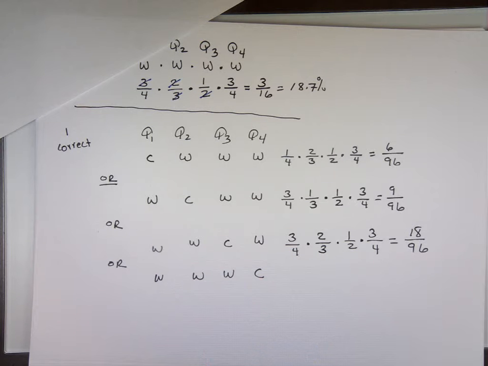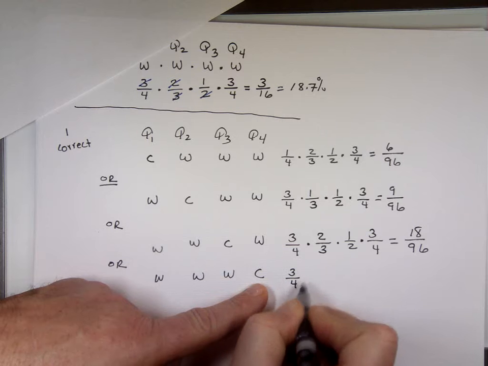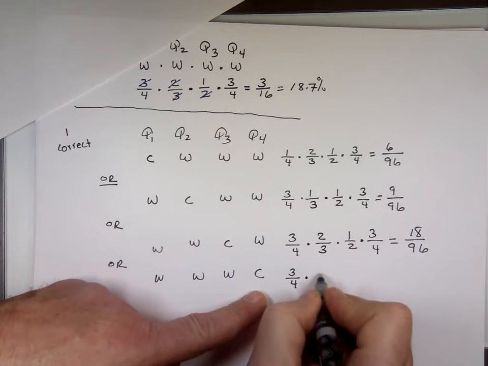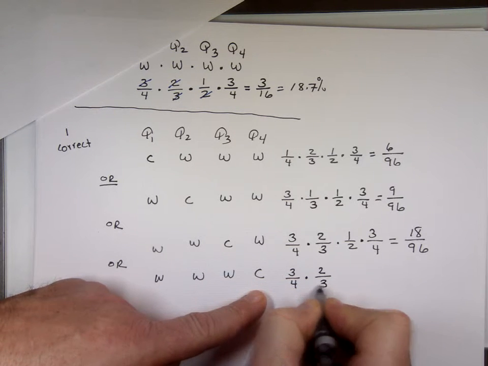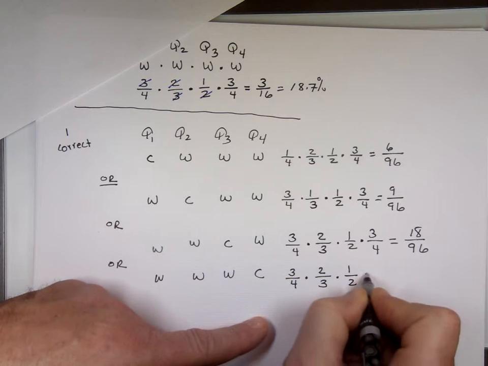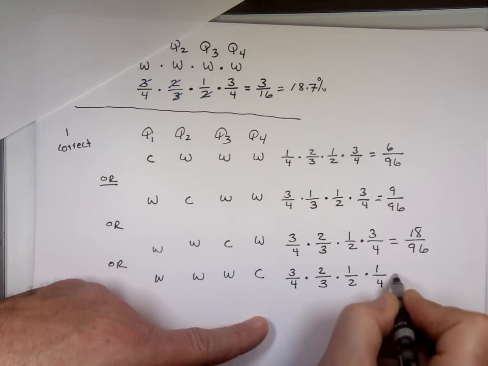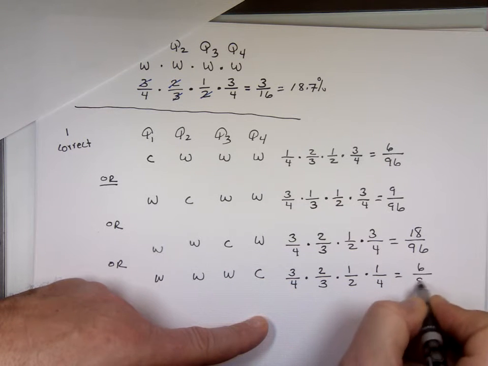And for the last one, it says the first one was wrong. Three answers out of 4 were wrong. Second one is wrong. 2 out of 3 were wrong. Third one is wrong. 1 out of 2 is wrong. And the last one is correct. Only 1 out of 4. That's 6 over 96.